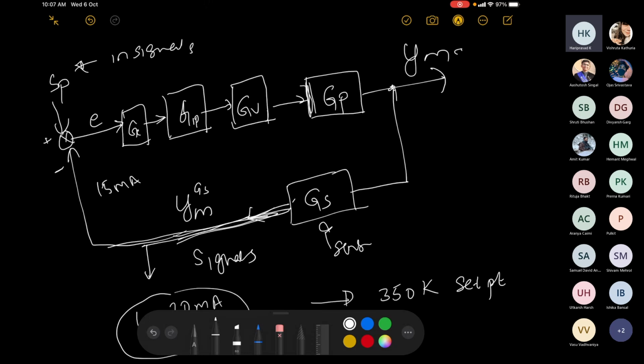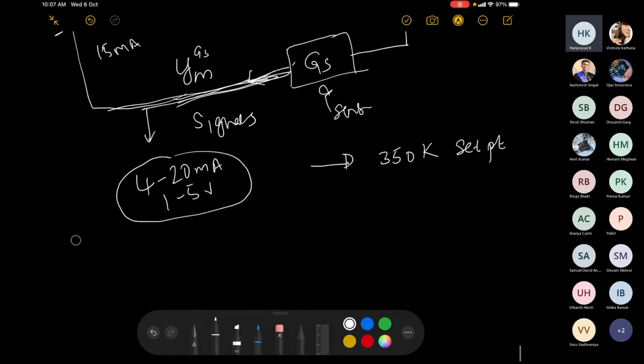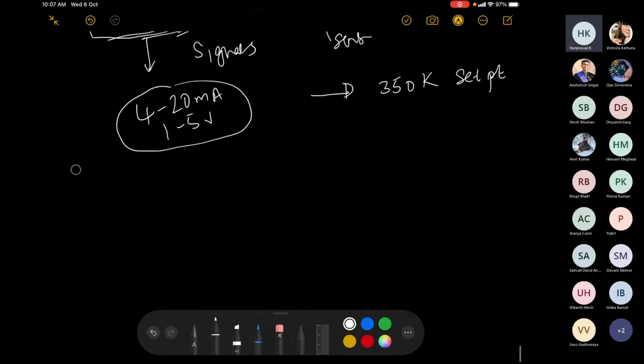The comparator is nothing but a mathematical manipulator. It just subtracts or adds. You can do it by means of circuits; you can add or subtract two signals. So if you give something equivalent to 350 here, it doesn't make any sense. So you have to convert. You should know the conversion.